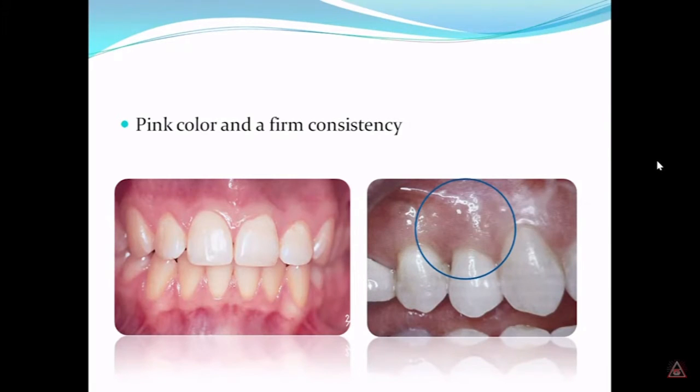So the color of both is pink with firm consistency. Even in that picture, it's difficult to appreciate whether it's implant mucosa or gingiva. So both are pink in color and firm in consistency.